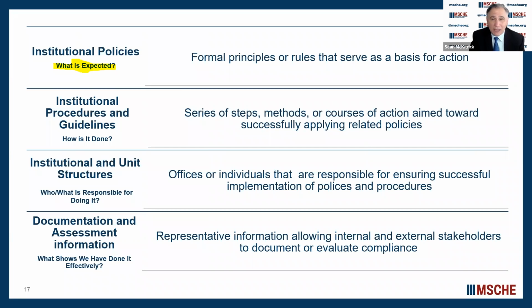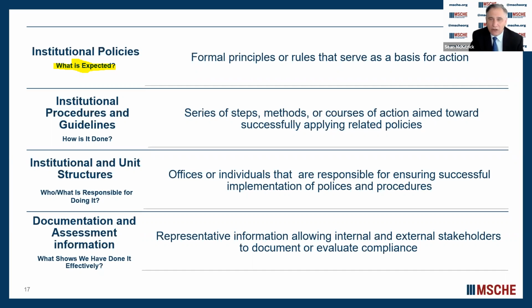For some of you, you may have a system that has, let's take an example, general education assessment. You may very well be a member of a system that has a policy that explains what is expected in order to be found in compliance with the Middle States expectations.